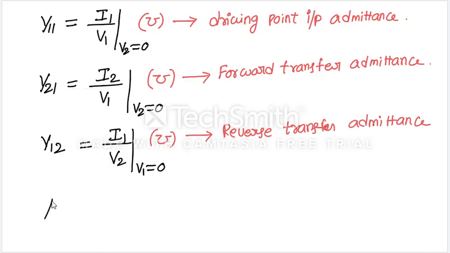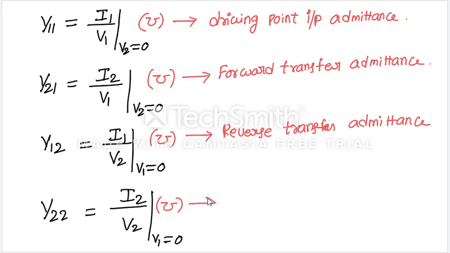The next one is y22, which is I2 by V2 when V1 equal to 0. Same port means a driving point, so this is the driving point output admittance.